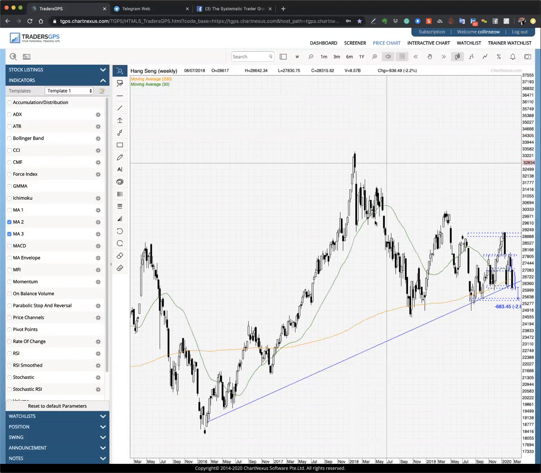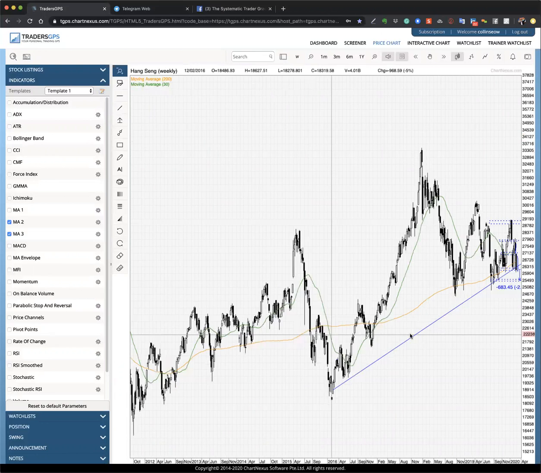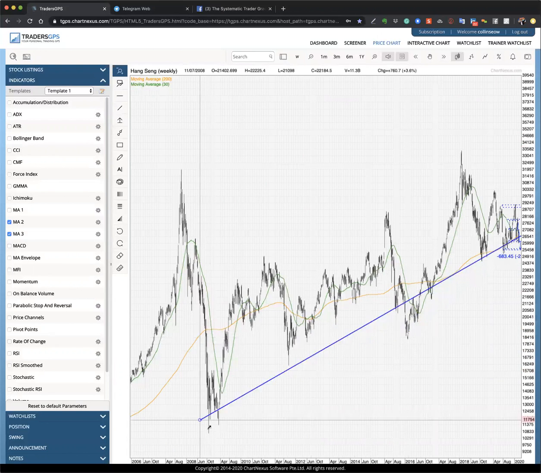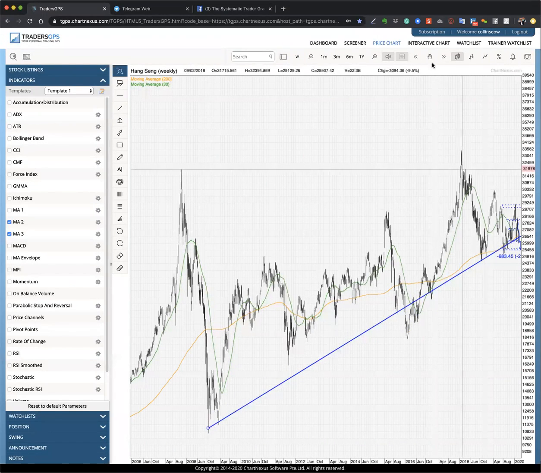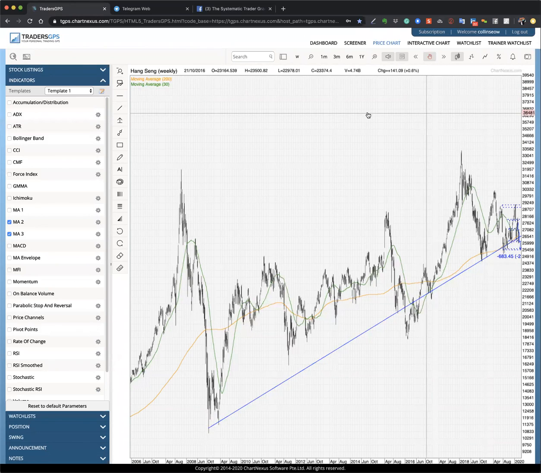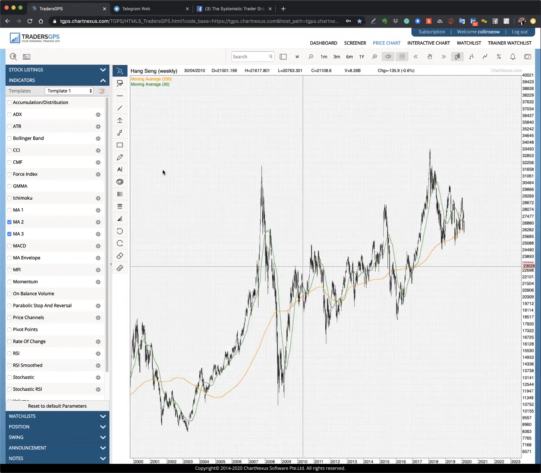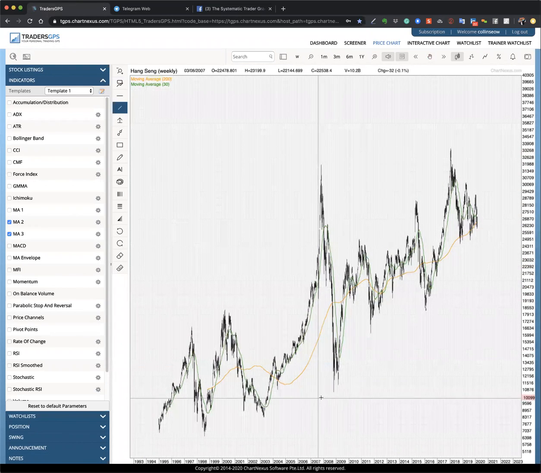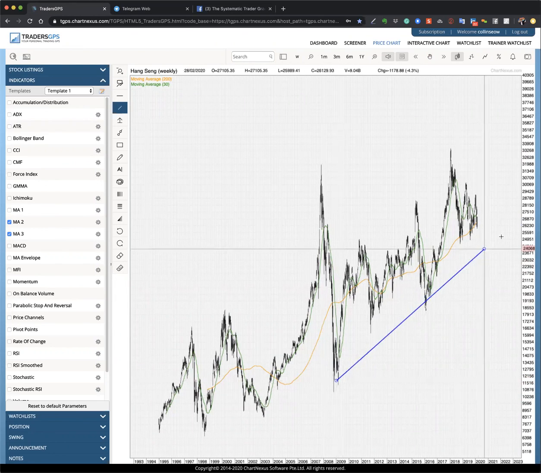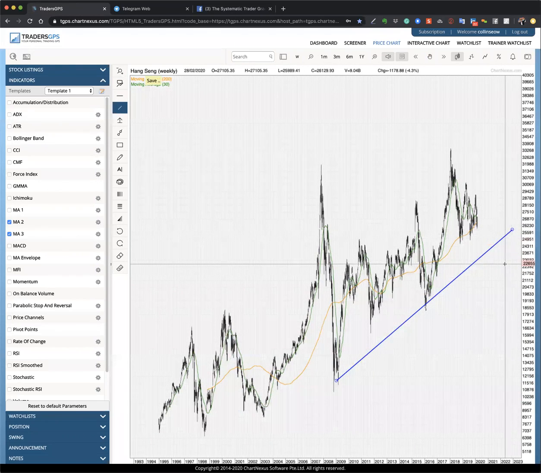The long term is actually here. So you draw this line. It's not so high, okay? So the long term for HSI is actually here. Okay, this is the HSI long term.